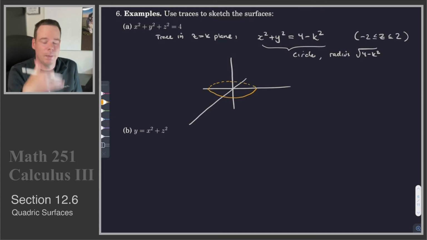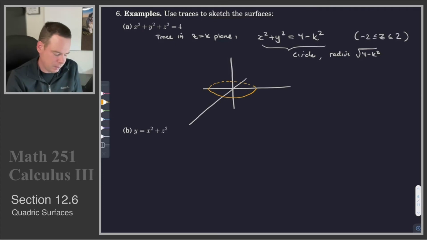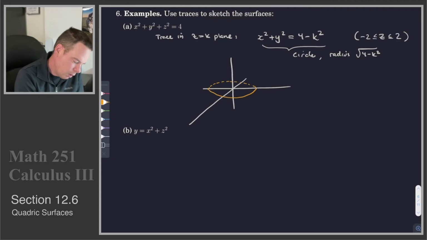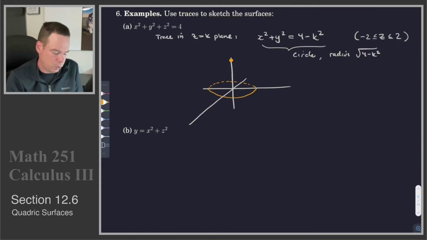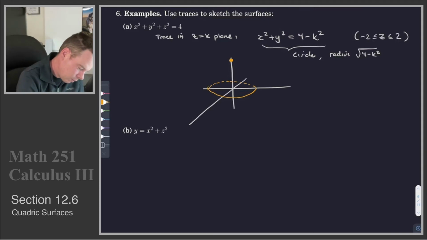Then as I move up the z-axis, or even down the z-axis for negative k values, what we get are smaller and smaller circles until we hit a k value of 2, in which case we get a circle of radius 0. So I'm going to draw some curves of reference here so that now I can draw these circles in.